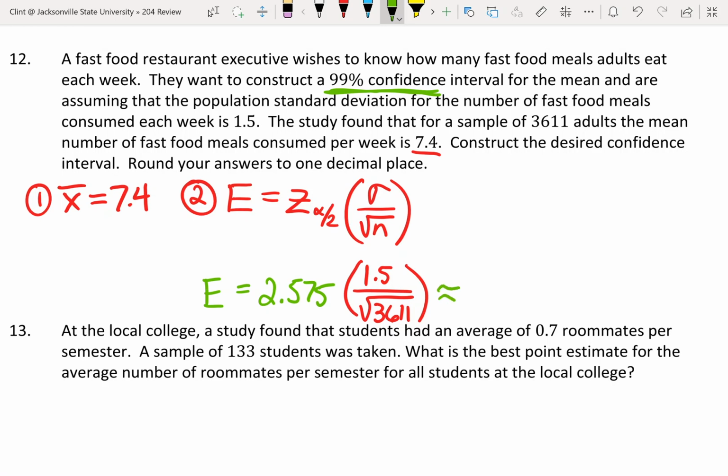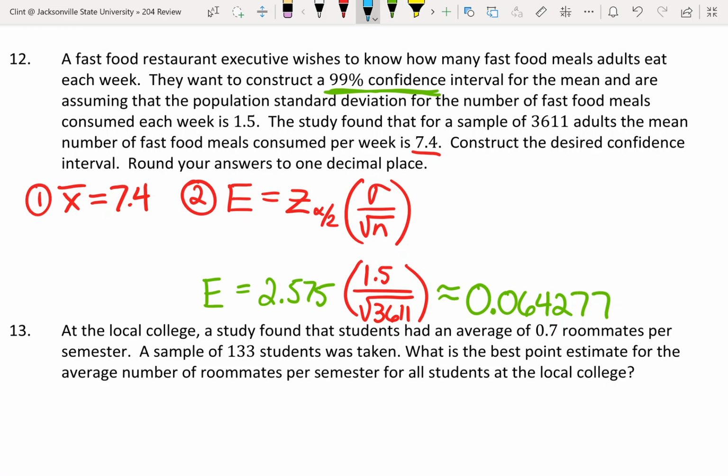Okay, so to get our margin of error here: 2.575 times 1.5 divided by the square root of 3,611. Remember, you want to leave several decimal places. I'm going to go ahead and leave 6. Okay, I get 0.064277. And then I only got one more step.